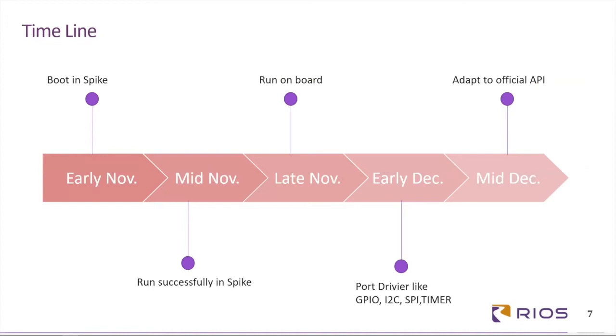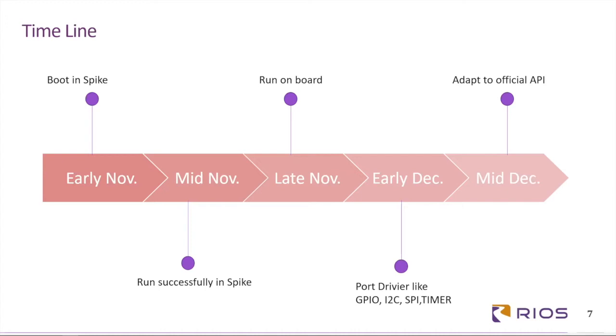So this is the timeline of our work. First, we modify some code in the kernel and run it in Spike to simulate, and then we try to run it on the board, and we use UART to output the information in the console.